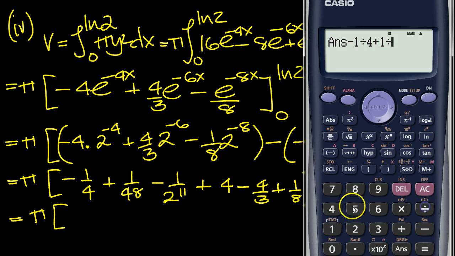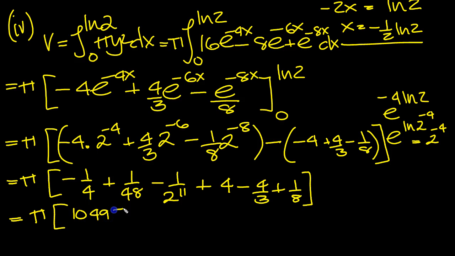Plus 1 divided by 48, plus 4, minus 4/3, divided by 3, plus 1/8, divided by 8, equals 10495 over 2048.